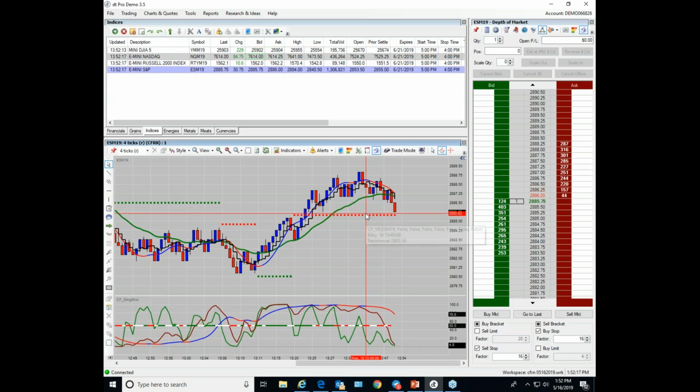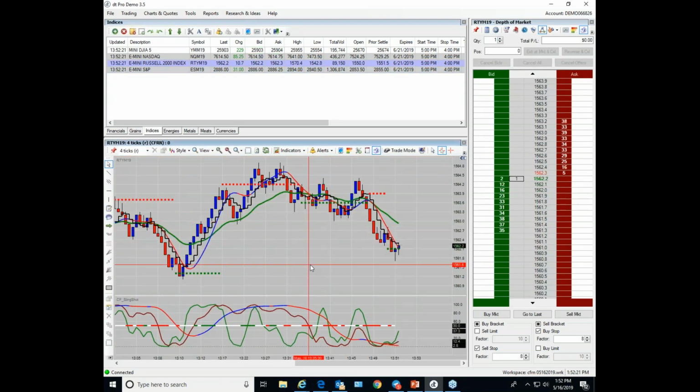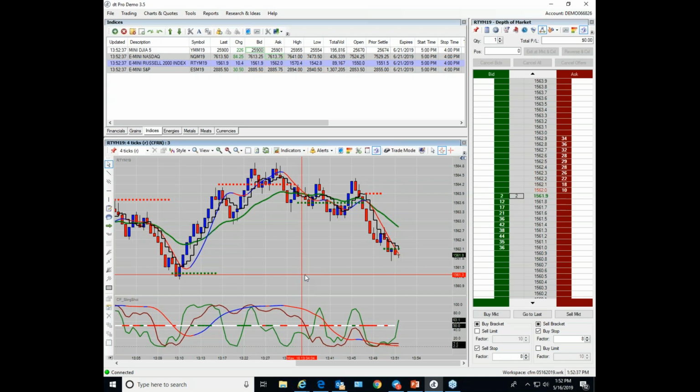For years, I watched Michael trade the Mini Russell, this race car here. And I was like, man, if he can do it, I can do this. I've been doing this for 20 years. Man, I couldn't make a penny in that market, because it was hopping, jumping, skipping, and I'm not used to that. So my finger was on the mouse every 2 seconds. I just didn't know the personality of it.